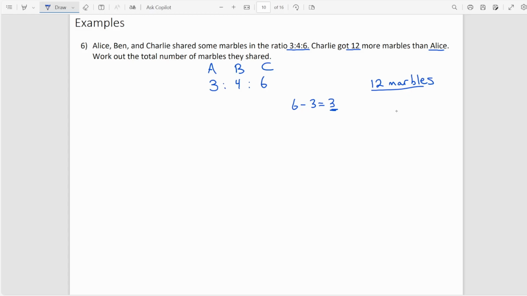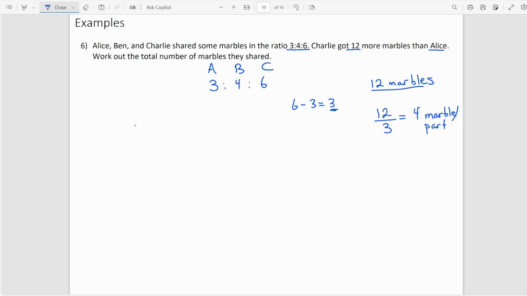I want to find what 1 part represents. This is always the one thing that will solve all my problems. So how do I find that? I will divide 12 marbles by 3 parts and we get 4 marbles per part. So each part is represented by 4 marbles.